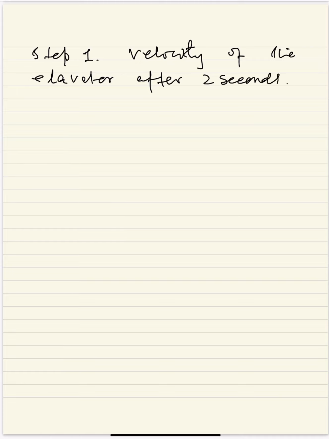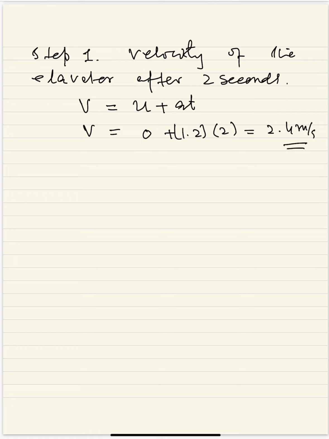How to find that? That's V is equal to U plus AT, the kinematic formula that we can use. That is V, the velocity after 2 seconds. That is initial velocity is 0 plus acceleration is 1.2 and T is 2 seconds. And we get the answer 2.4 meter per second. This is the velocity after 2 seconds.